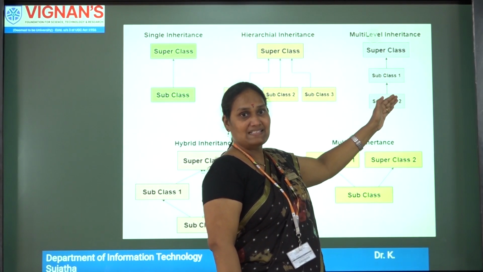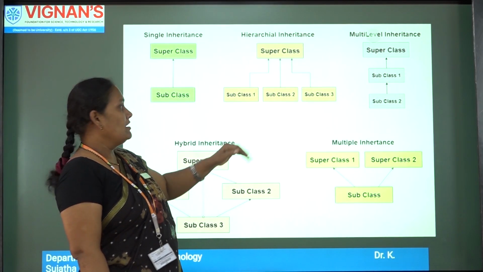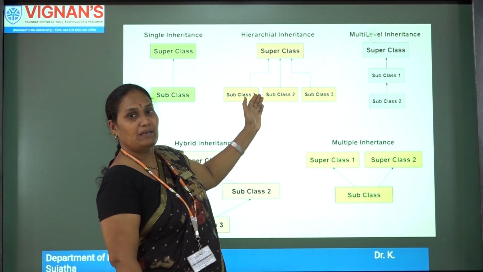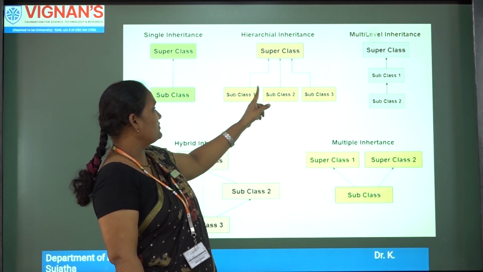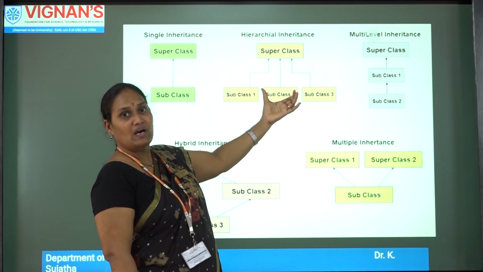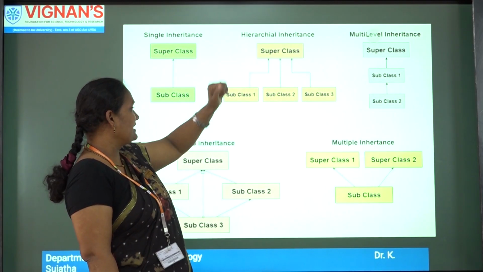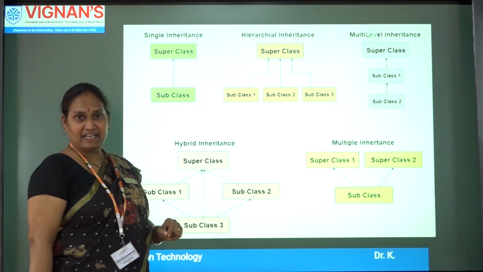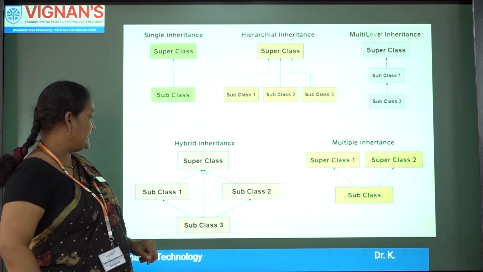This type is called multi-level inheritance. And coming to hierarchical inheritance, more than one subclass can be inherited from a single superclass. Here subclasses 1, 2, 3 are inherited from a single superclass, which is hierarchical inheritance. And hybrid inheritance contains many of these different types of inheritances.